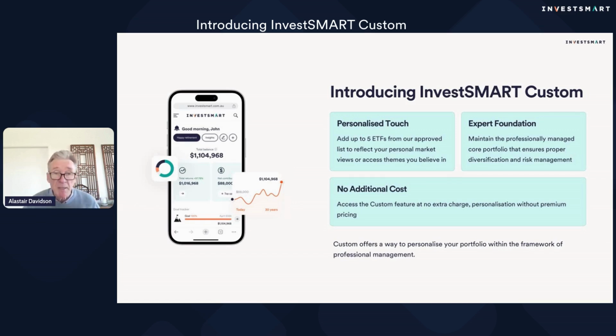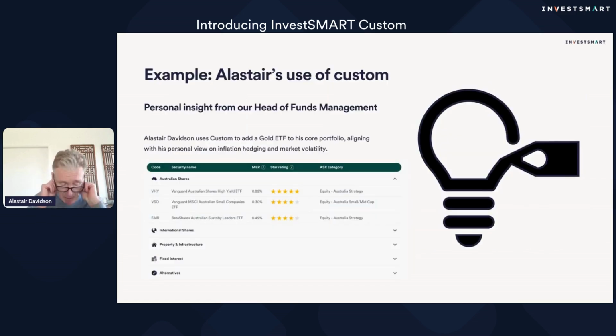So if you flick to the next slide, this is something that I've done. So in mine, I've actually added two gold ETFs. There's the one that's issued by ETF Securities, which owns physical gold, that trades effectively in line with the gold price.